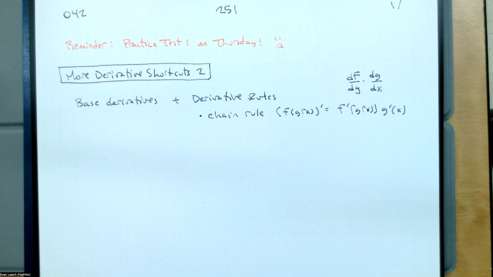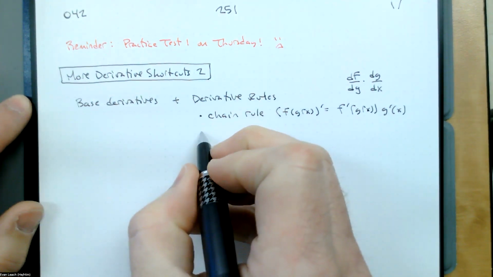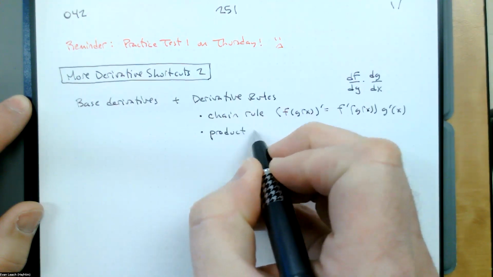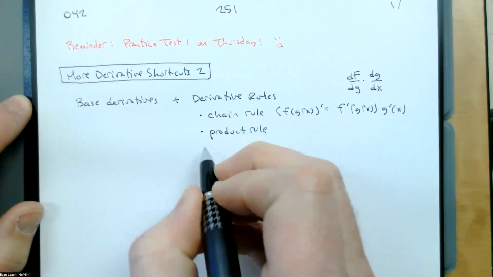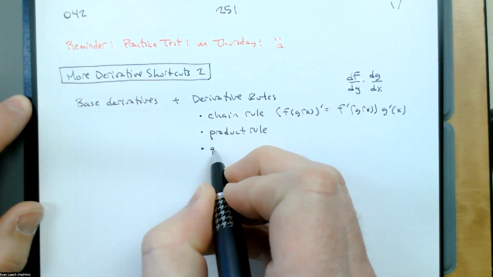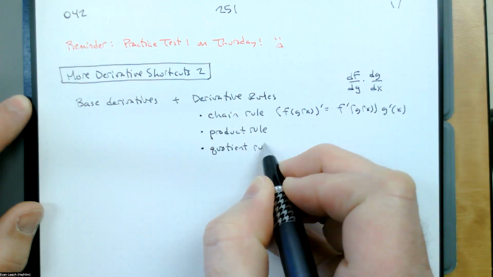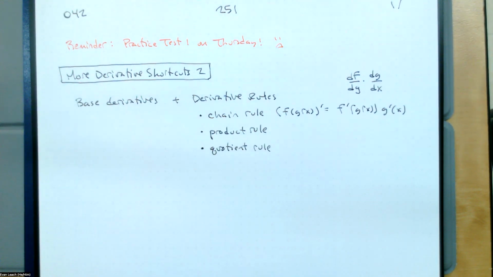We do need to learn two other rules. Actually, we only need to learn one other rule, but we're going to learn two other rules. We're going to learn the product rule, which is for products of functions, and the quotient rule, which is for, wait for it, quotients of functions.